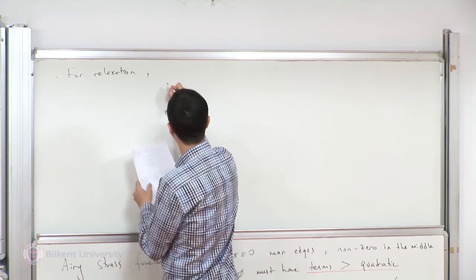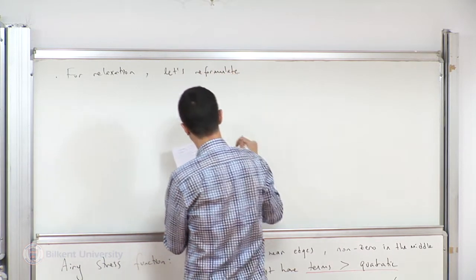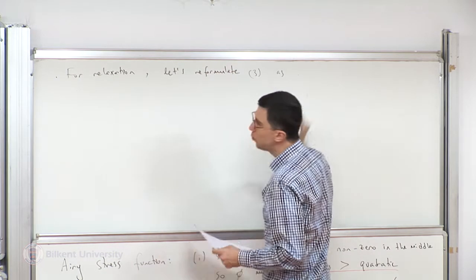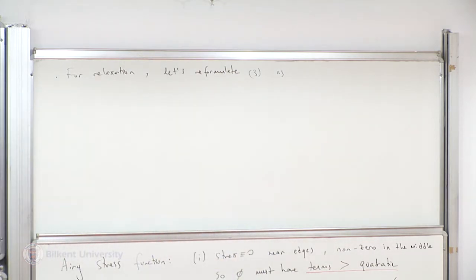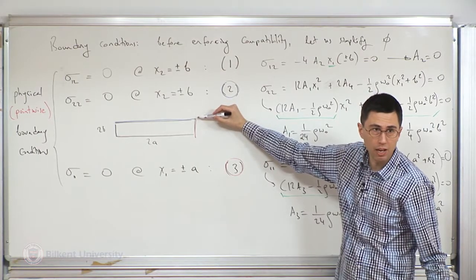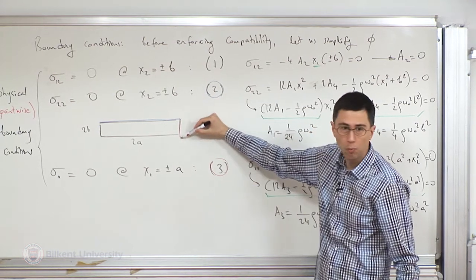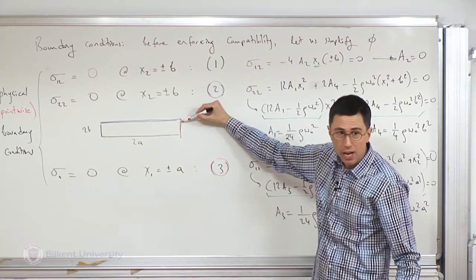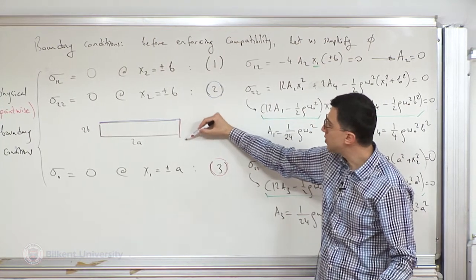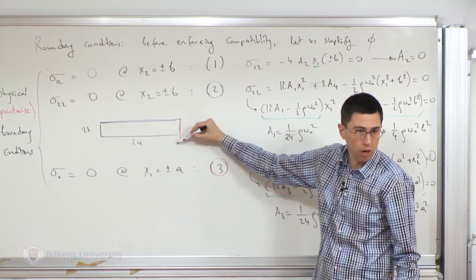So for relaxation, let's reformulate 3 as follows: essentially sigma 1,1 is not pointwise 0 here. Okay, that's going to be my relaxation. I'm going to allow non-zero values of sigma 1,1 along this edge, but such that at least physically it is statically equivalent to the forces and moments that I observe on this edge, both of which are 0.